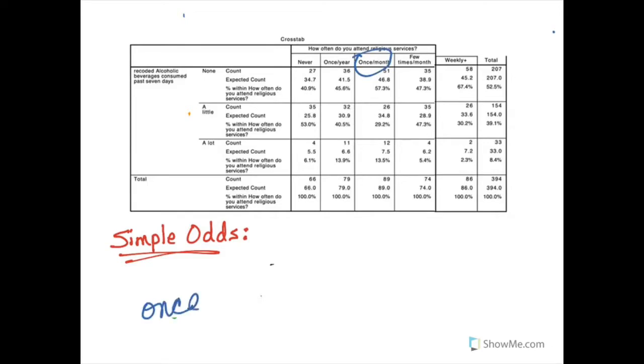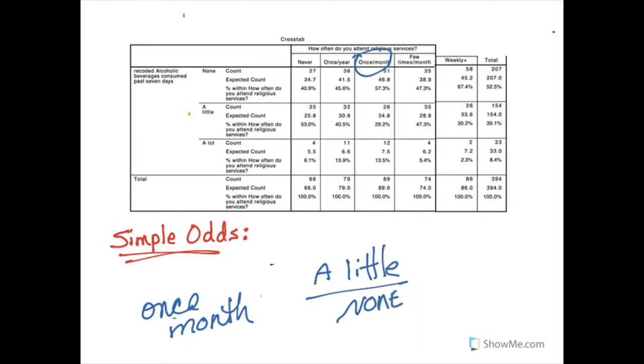Again, you just want to write it down. Makes interpretation easier. And instead of doing none on top, let's put a little over none. So now, whatever we calculate, it'll be the odds of drinking a little alcohol versus no alcohol if you go to church once a month.